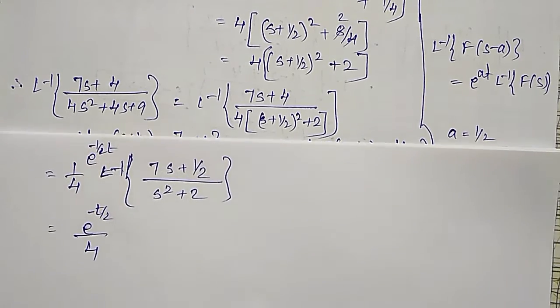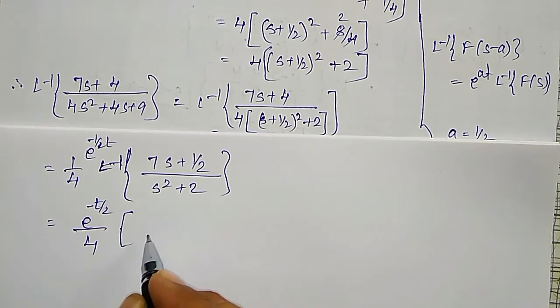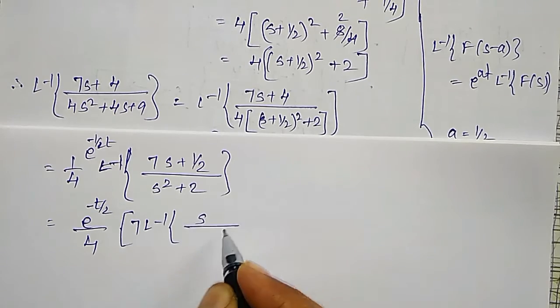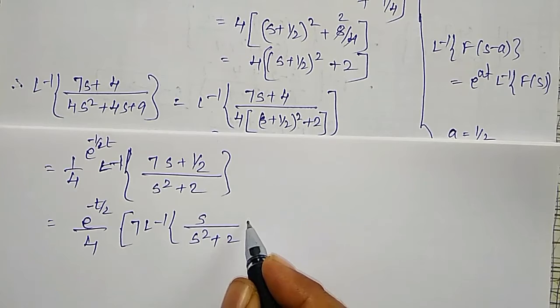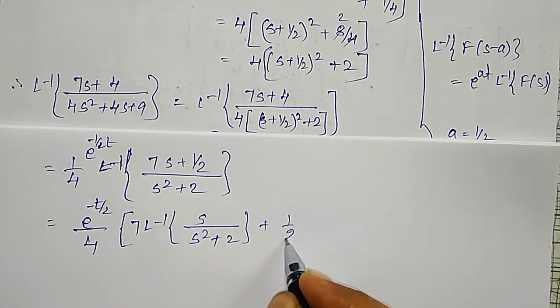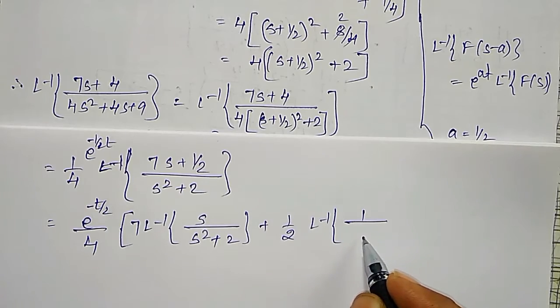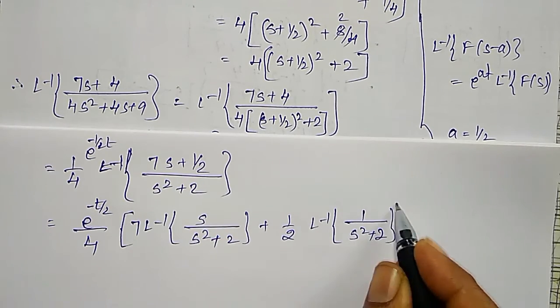Okay, into, I will split it into two terms: inverse Laplace transform, 7 I will take outside, s divided by s square plus 2, plus 1 by 2 into inverse Laplace transform of 1 divided by s square plus 2.